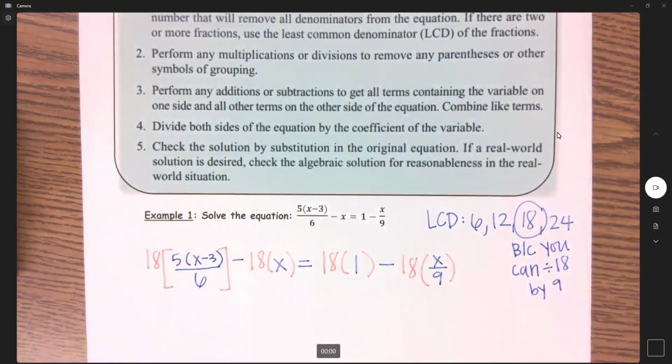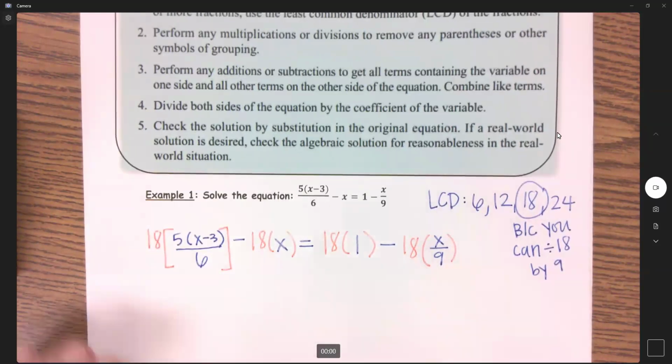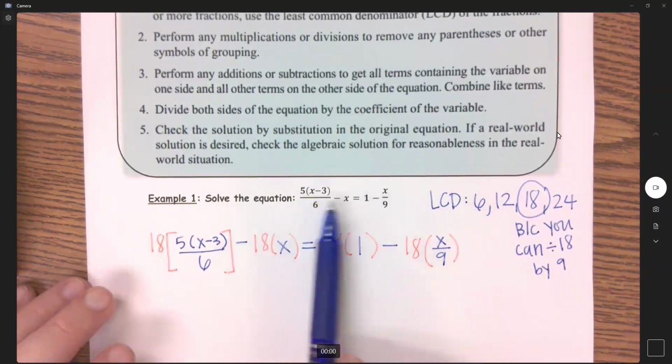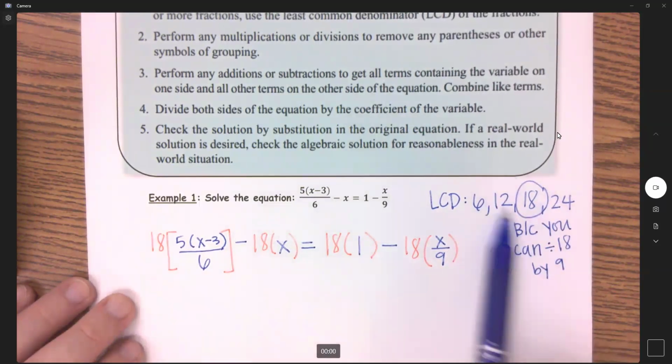So in red, I have now multiplied all 4 of these terms by whatever that LCD is.